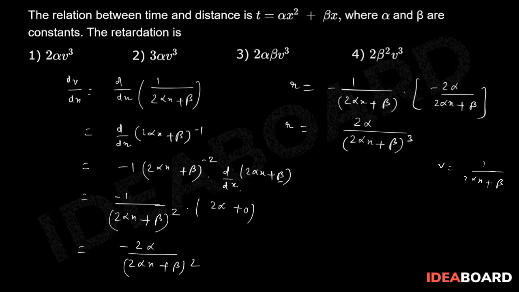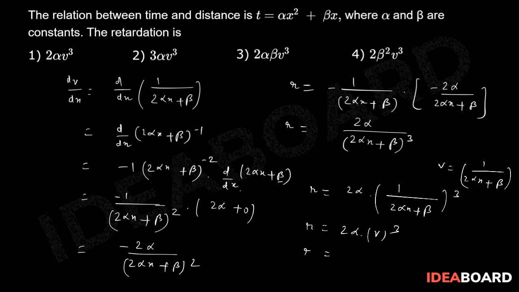So from there, this can be written as 2 alpha into 1 upon 2 alpha x plus beta whole cube. Now you know that 1 upon 2 alpha x plus beta is equal to v, so this can be written as 2 alpha v to the power cube. So the retardation is simply 2 alpha v cube.